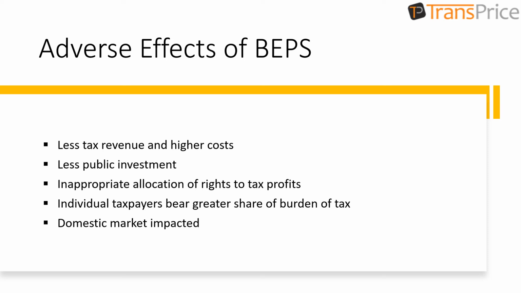Further, there is an inappropriate allocation of rights to tax profits of countries, leading to multinational enterprises paying lesser taxes than individual taxpayers. Subsequently, as a compromise, governments have to look towards individual taxpayers to fill their coffers. Many domestic entities also face competitive pressure due to multinational enterprises saving more due to unfair tax advantages.